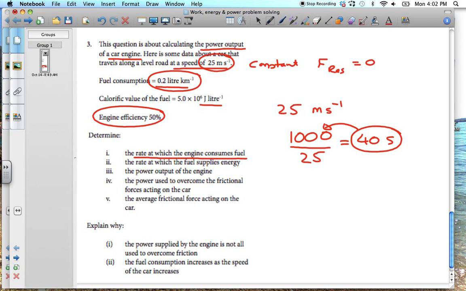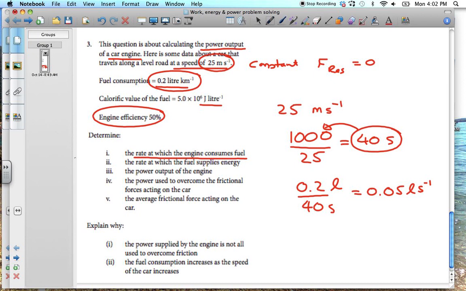So we're going to have 0.2 liters divided by 40 seconds as the rate at which the engine consumes fuel. 0.2 divided by 40 gives me 0.05 liters per second.